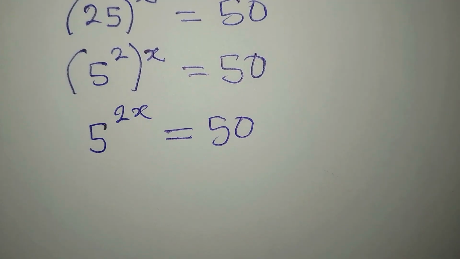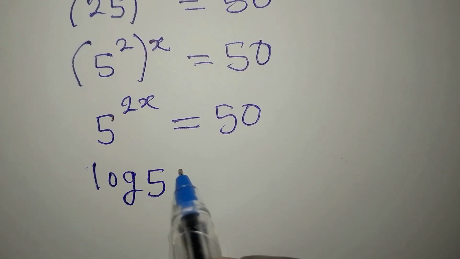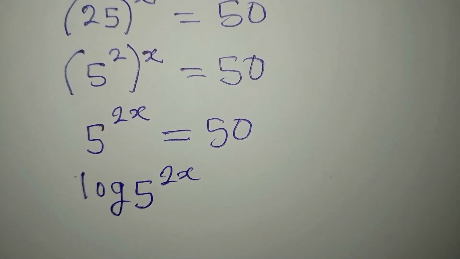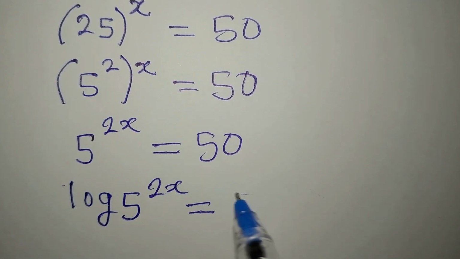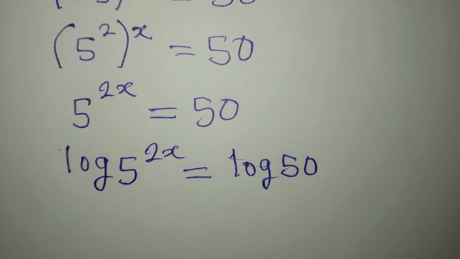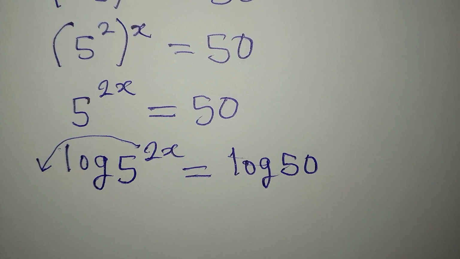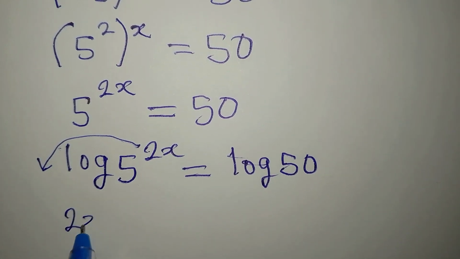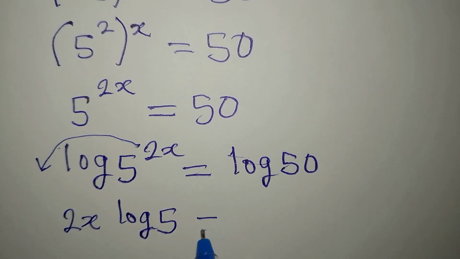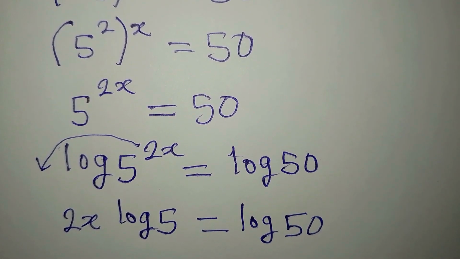So now, the next step is to take the log of both sides. We take log of 5 to the power of 2x equals log 50. The power always comes down to multiply the log. So we'll have 2x multiplying log 5 equals log 50.